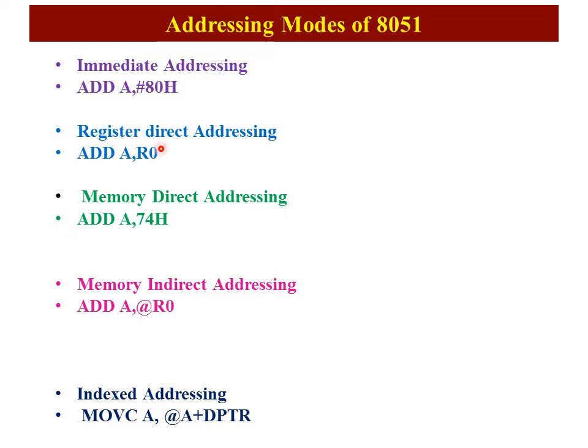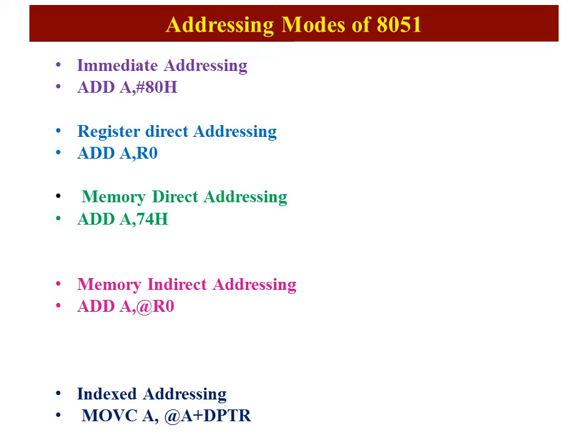Same for register direct addressing. Now see one example: ADD A, R0. A is the accumulator register again, and R0 is the register.